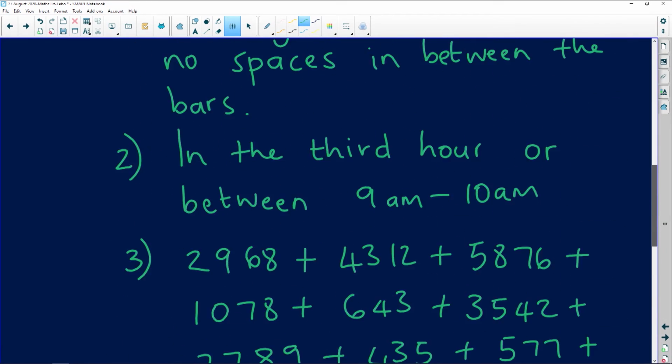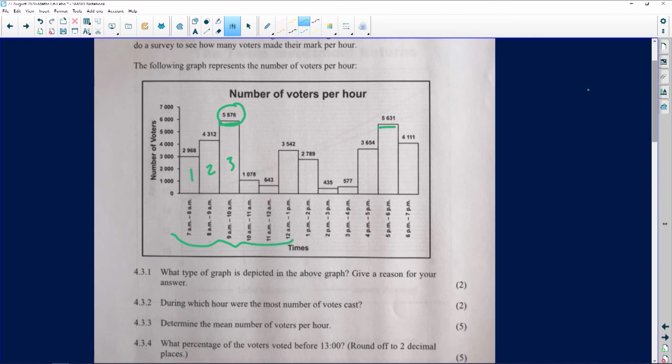The next question says to us, determine the range of the voters per hour. Range again: maximum minus minimum. Maximum is the biggest number.